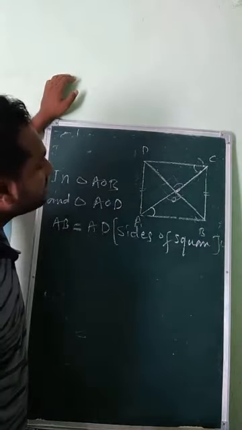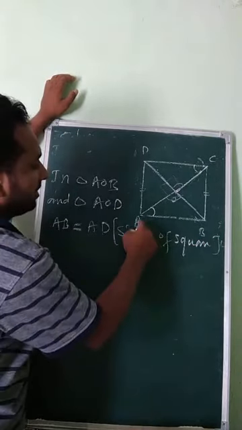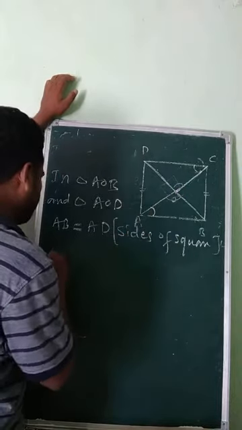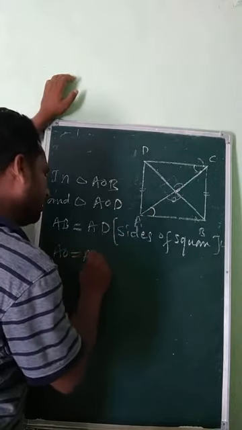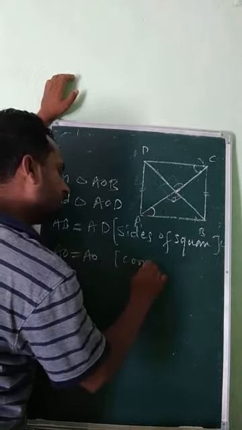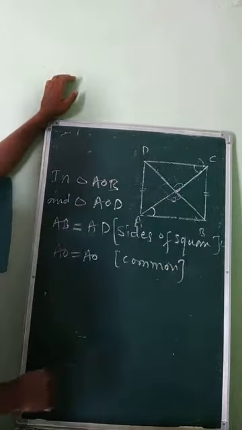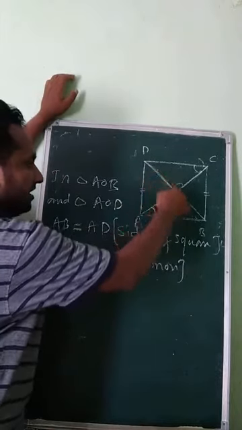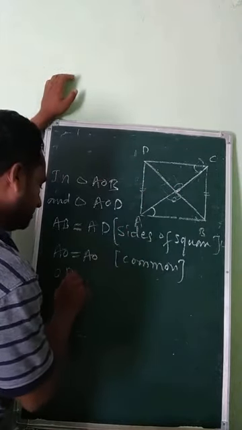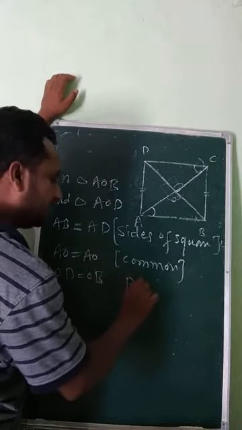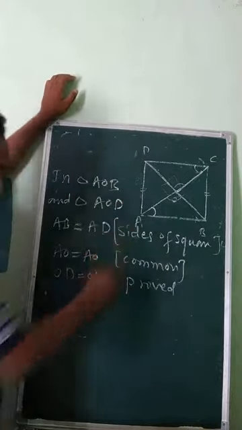Clear? Now the next one. One element is over. Now AO is equal to AO, because it is a common side. AO is common to both triangles. Then what is the one more element here? Already proved. OD is equal to OB, already proved.